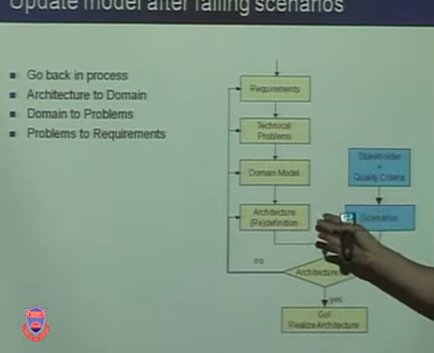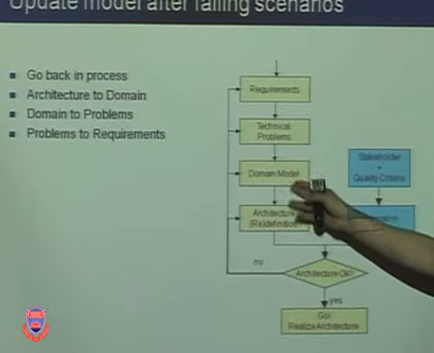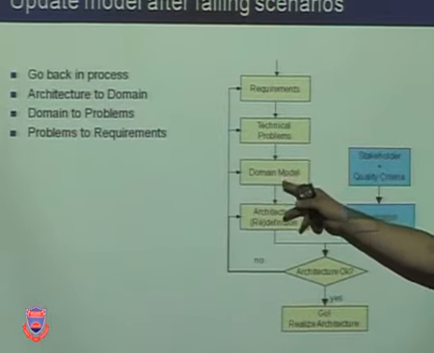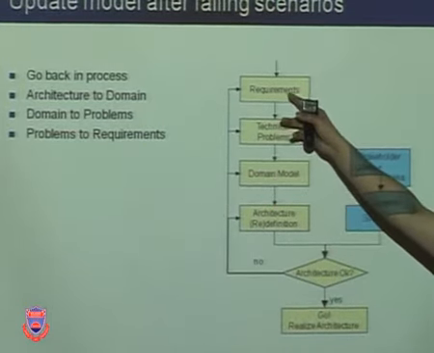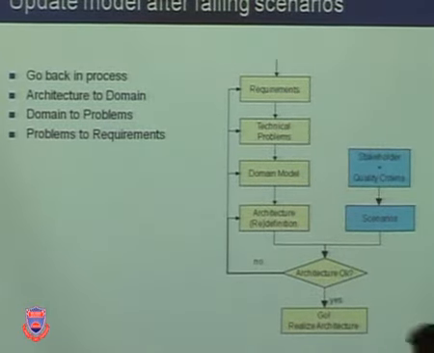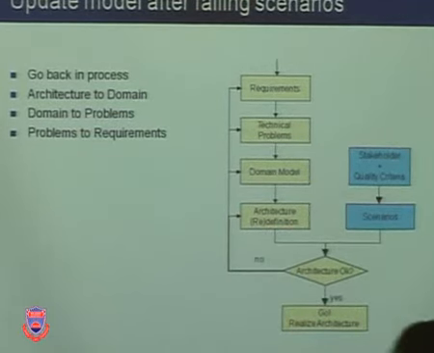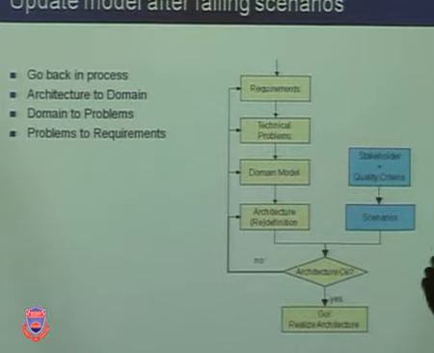Apparently, some domain concepts we have missed. So we should go back to define the domain model. To define the right domain model, we might need to go back to define the right problems, or the right requirements. If you are lucky, it could be just restructuring, like applying a pattern or a different approach, but it might also have a more dramatic impact.